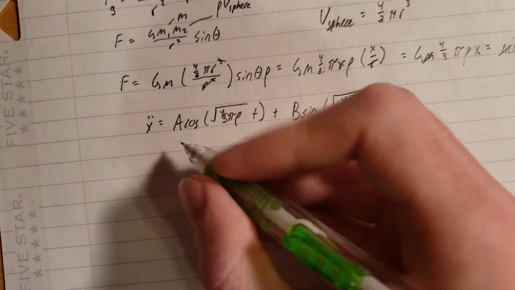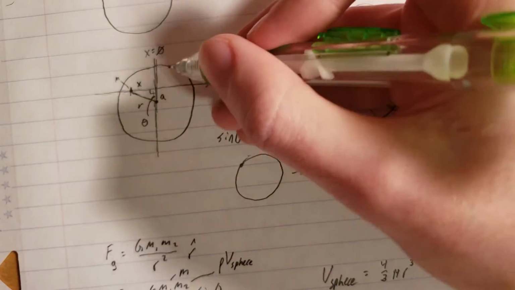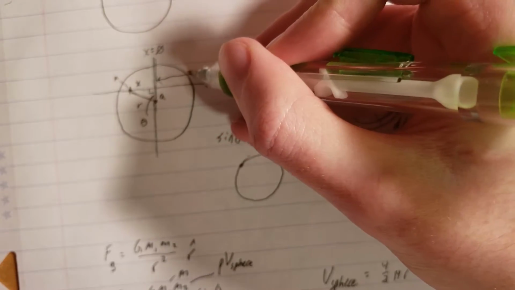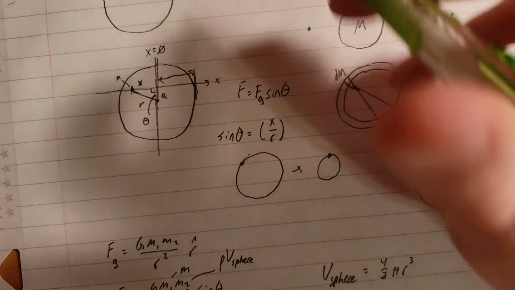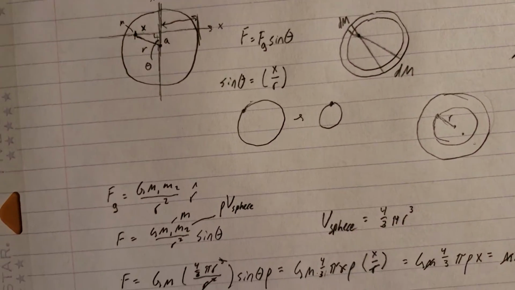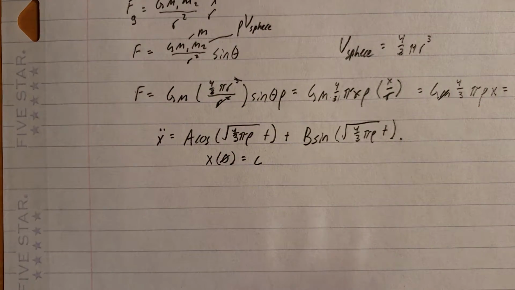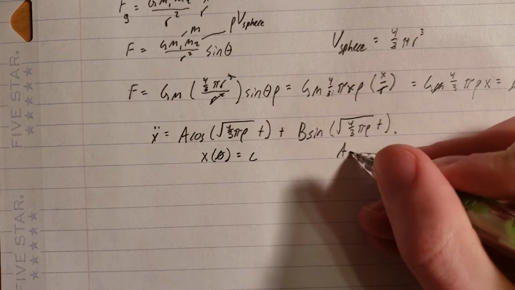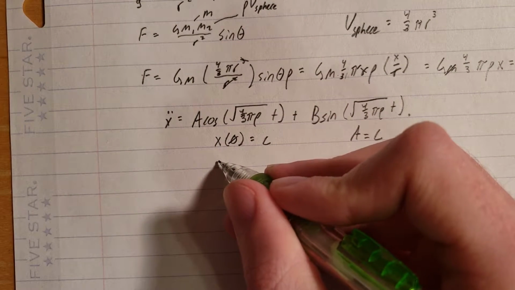If we plug in the initial conditions, x of 0 equals some constant, because we know when we drilled this hole, the distance from x equals 0 out to where the hole is was just some constant that was defined when we drilled the hole. We can just name x of 0 equal to c. And of course, doing the math here, you might already see it, a equals c. And the problem says we dropped the ball.